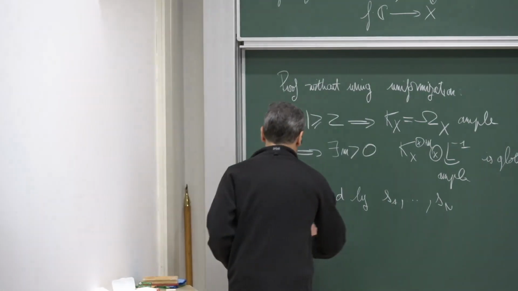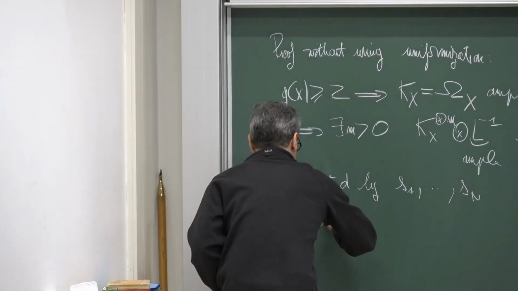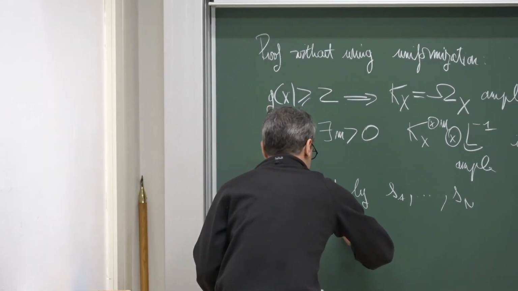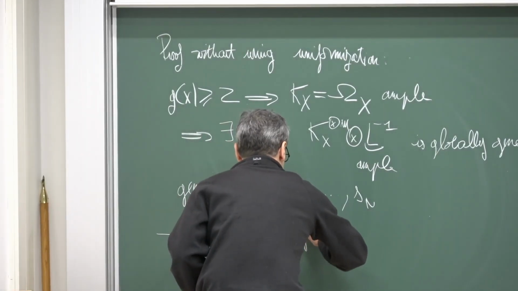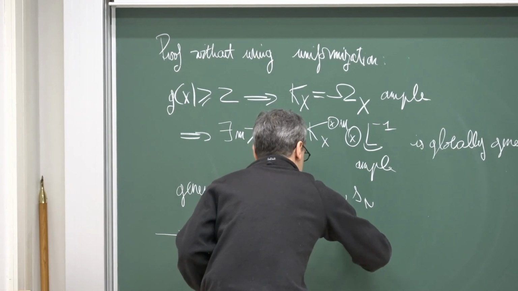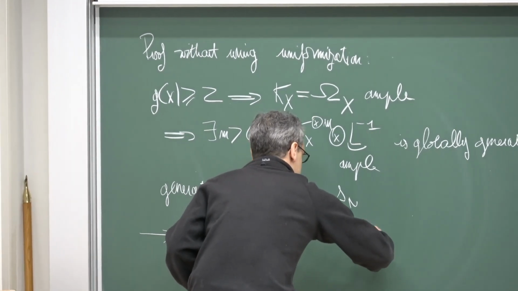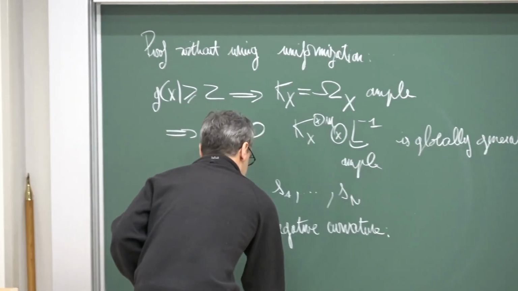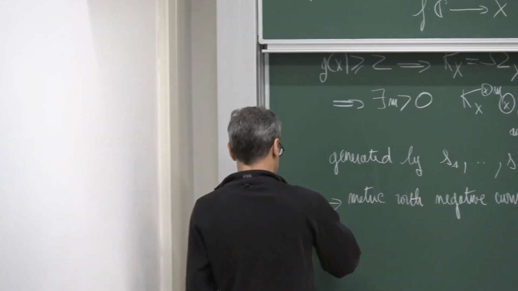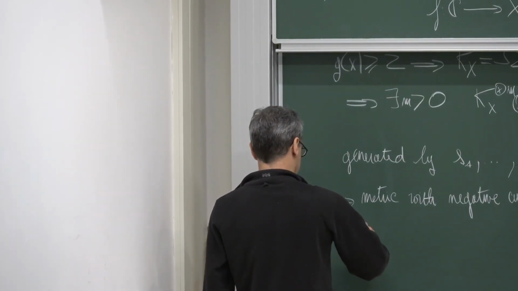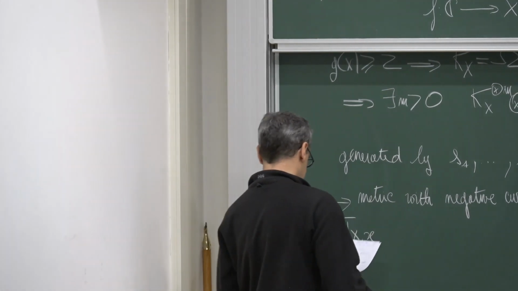So you construct a metric with negative curvature. It's very easy. So the metric is constructed like that. So pick a tangent vector.